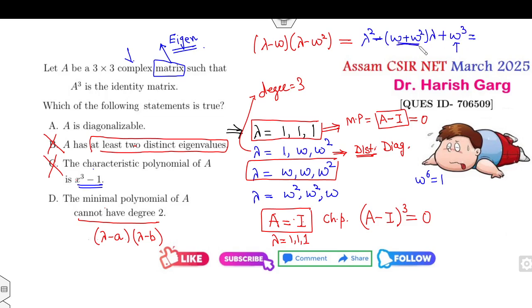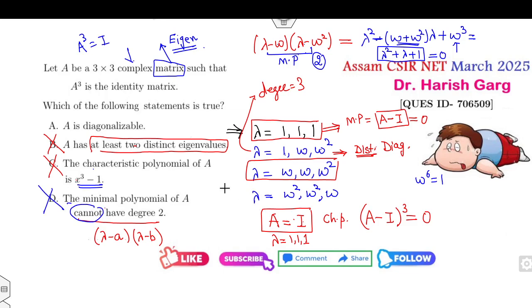This number is minus 1. फाइन. So that will be lambda square plus 1, which is the factor of A cube is equal to I. So that means this must be 0. तो इसका मतलब ये मिनिमल पॉलिनोमियल मिल गई आपको. अगर ये मिनिमल पॉलिनोमियल है इसकी डिग्री कितनी है, डिग्री 2, बट ये कह रहा है कैन नॉट बी द डिग्री. So this option is also cancelled out.